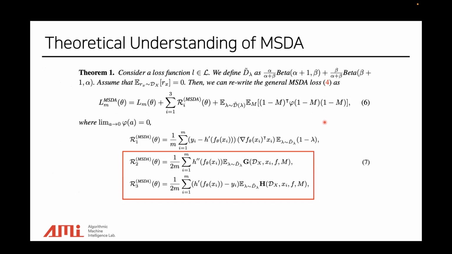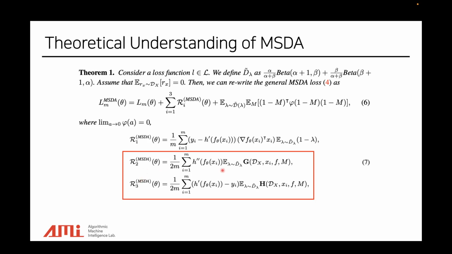In theorem 1, they show the loss function of MSDA. It seems very difficult, but the first term means the loss function for the pure sample without the MSDA, and the other parts represent the regularization terms from the MSDA. The paper focuses on two regularization terms, R2 and R3.